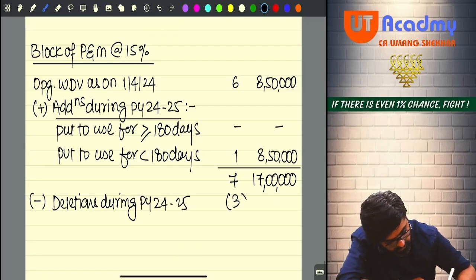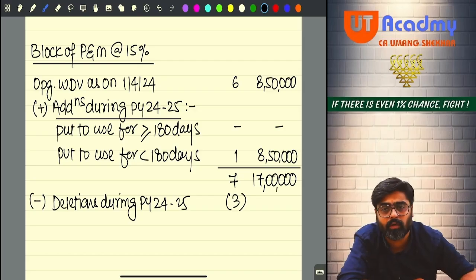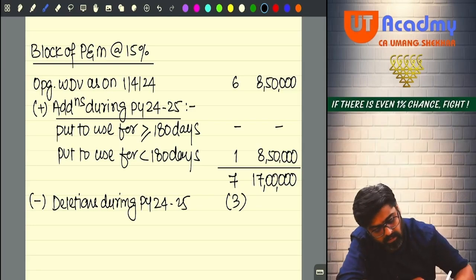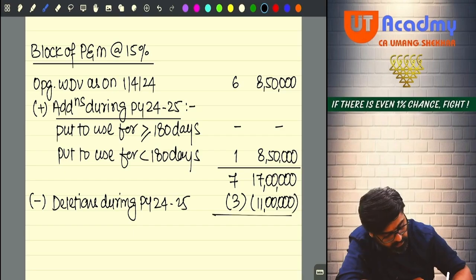How many? 3 old machines are sold, meaning the new one will still be there in the block as at the end of the year. They are sold for 11 lakhs. Now can you do the totaling? 4 machines are still remaining and the value of the block remaining is 6 lakh.